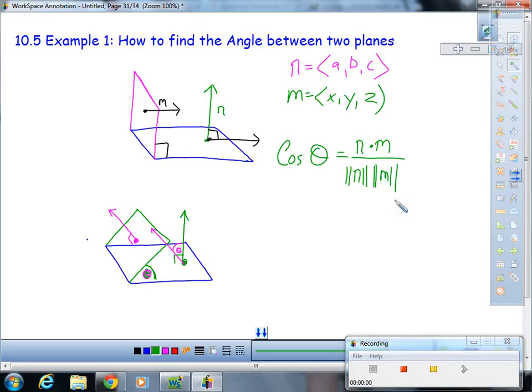Okay? So you should recognize that. That's the angle between vectors formula.